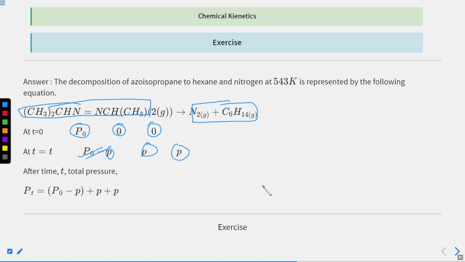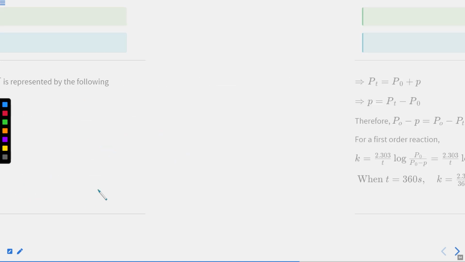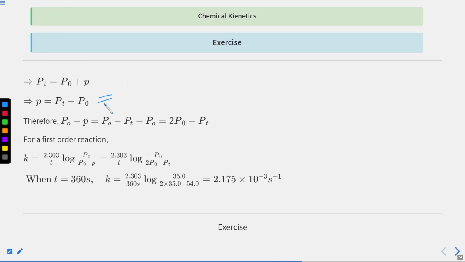Further, what will be the P total? P total will be the pressure of this plus the pressure of this. That would give us P is equals to Pt minus P naught. So this will be the value of P. Now at time t, the pressure was P naught minus P. If you put this value of P here, that would give us the pressure at time t, that is 2 P naught minus Pt.